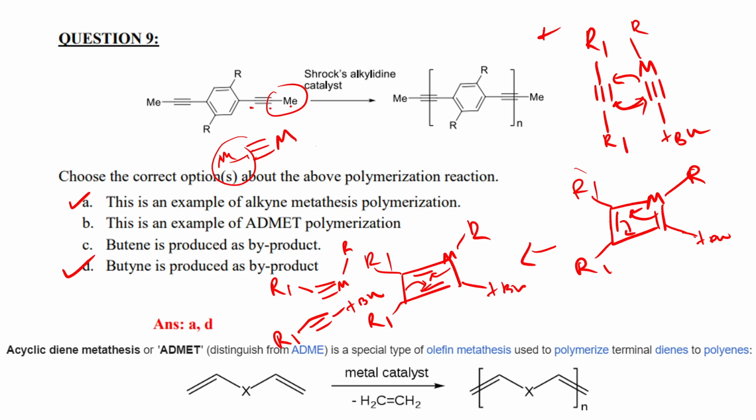So in that way, your alkyne metathesis works. For that, the carbene also should have this kind of unit. So this particular way it can happen and can break these two bonds, which would ultimately lead to this cross metathesis.